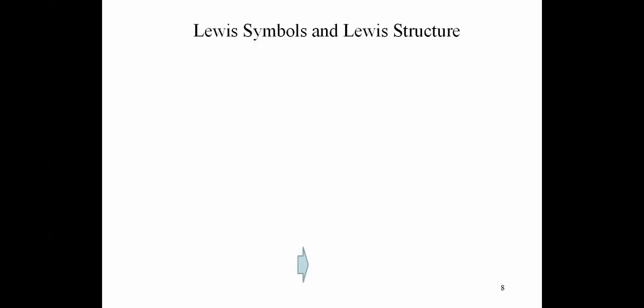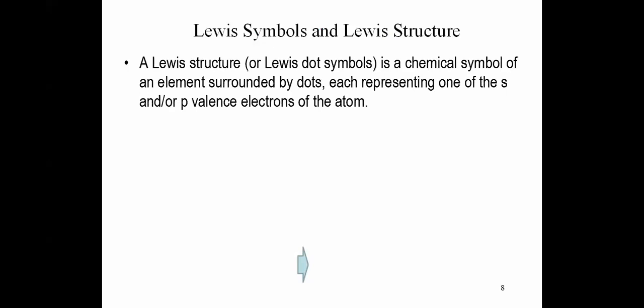So the Lewis symbols and structure tell us how the electrons are shared. This one only shows us the outermost electron. A Lewis symbol is a chemical symbol of an element surrounded by dots, which represent the s or p valence electrons of the atom. In short, it is only going to show us the electrons in the outermost shell, the valence electrons.